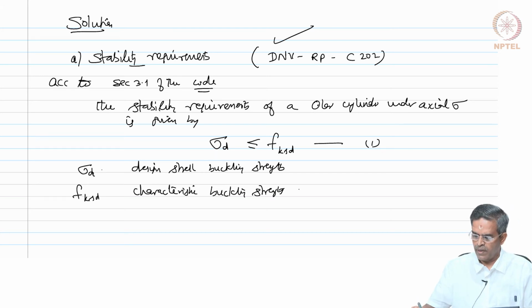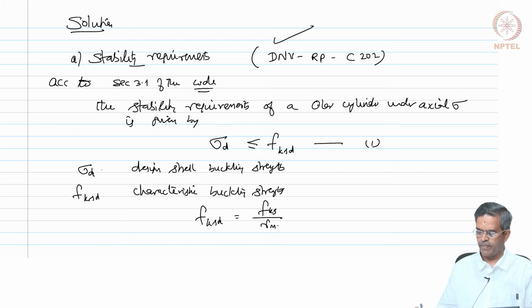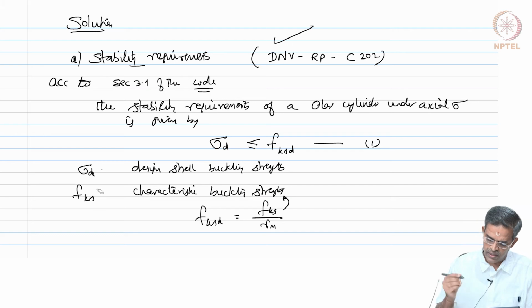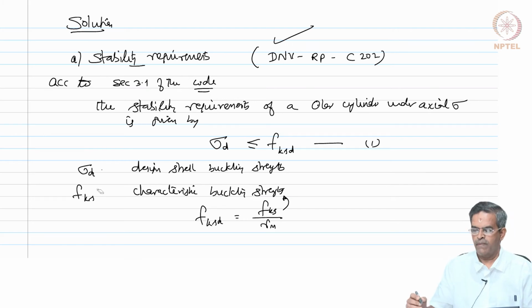This is given by Fks by gamma m, where Fks is actually the characteristic buckling strength, okay, not Ksd. Okay.